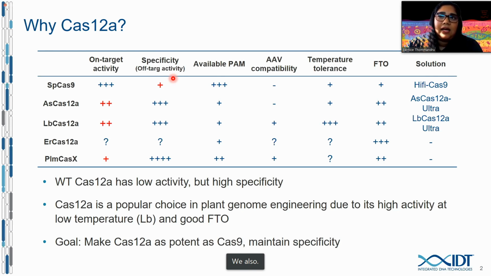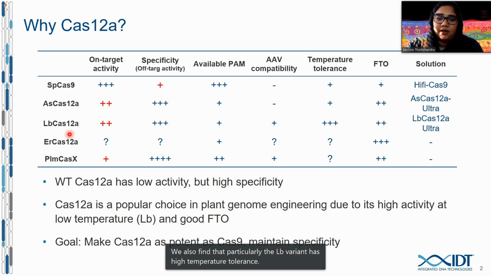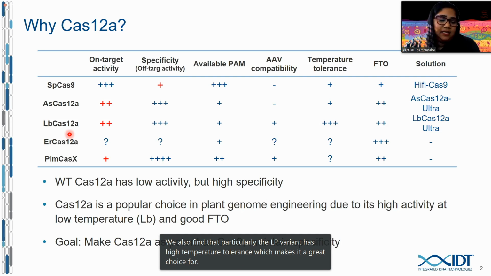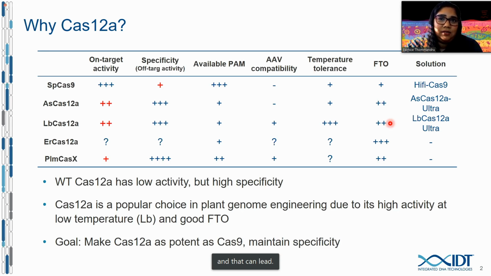We also find that particularly the LB variant has high temperature tolerance, which makes it a great choice for zebrafish and plant genome engineering. And also the patent space for Cas12a proteins is a little bit more open. FTO is a little bit nicer, and that can lead to easier discovery.